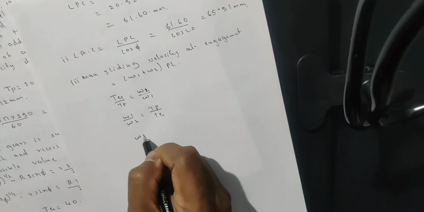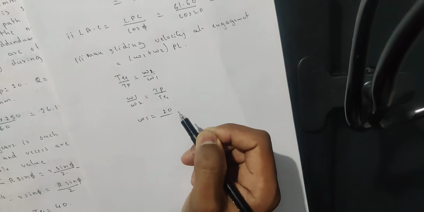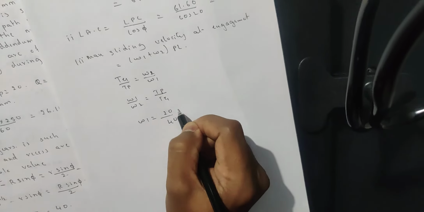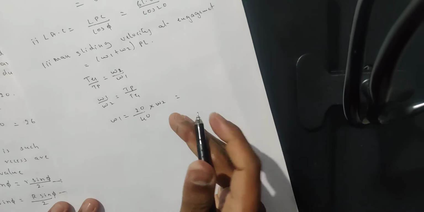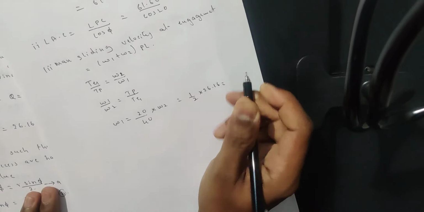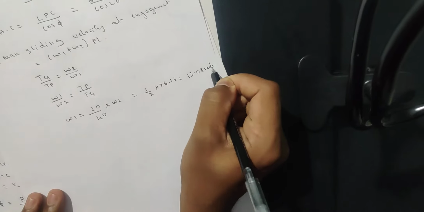TP is 20 here, TG is 40 here, into omega 2, so it is 1 by 2 into 26.16, so we will be getting 13.08 radians per second.